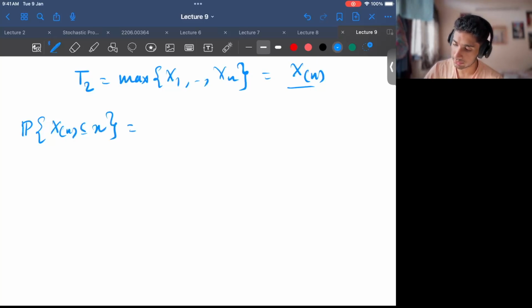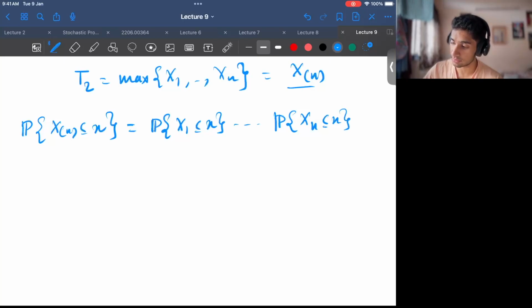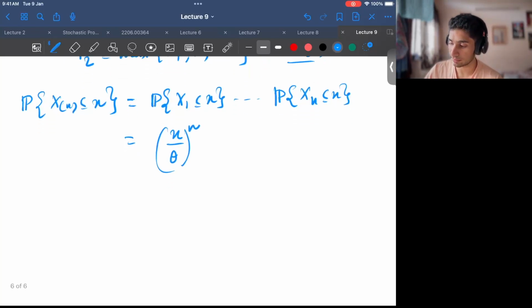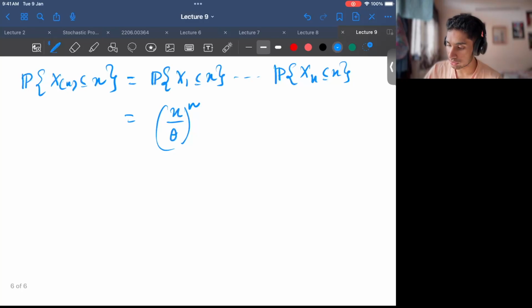I hope you have done enough problems to know that this is equal to the probability of x1 less than or equal to small x, times, till, probability x_n less than or equal to small x. And you know the CDF of a uniform distribution: each of them is x by theta, since it's a linear line between 0 and theta. So it's x by theta raised to power n.